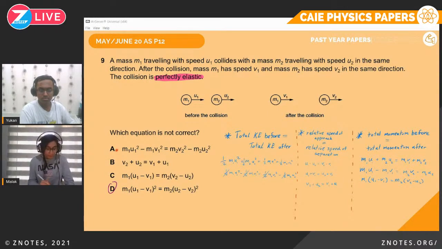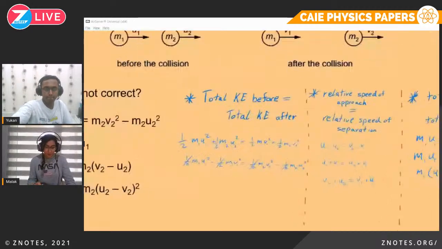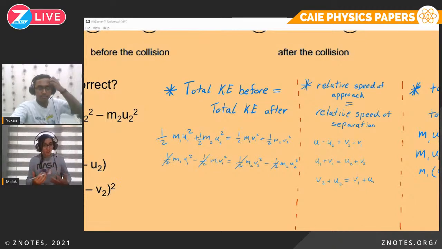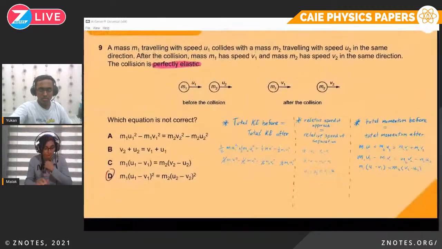The first one, we can apply the law of kinetic energy on it. Since we have squares here, you could tell that it's made by the law of kinetic energy. If you write it down and rearrange the equation, you would get the same equation, which is m1 u1 squared minus m1 v1 squared is equal to m2 v2 squared minus m2 u2 squared.